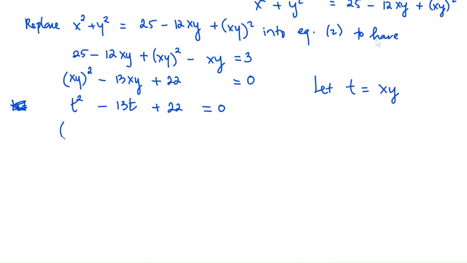Now we solve for t by factoring: t minus 2 and t minus 11. Negative 2 times negative 11 is 22, and negative 2t and negative 11t make negative 13t, so that's good. So we have t equal to 2 or t equal to 11.